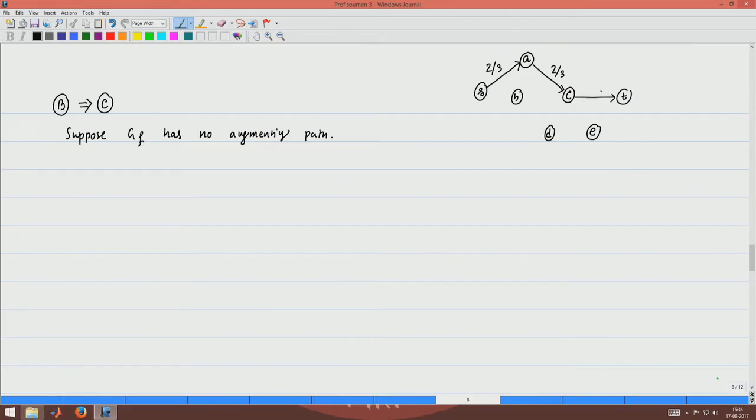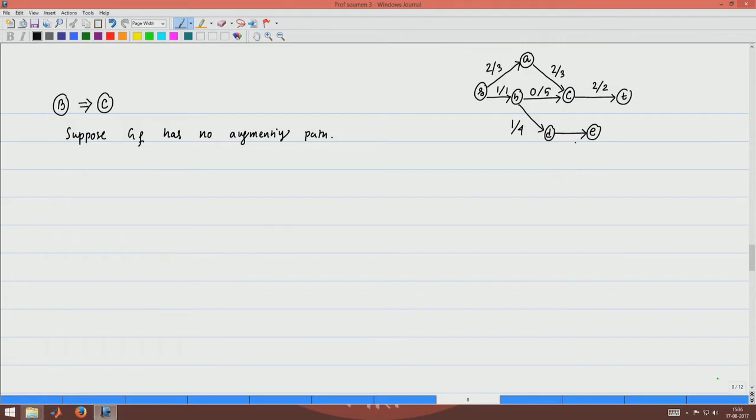Along CT, flow is 2, capacity is 2. Along SA, flow is 1, capacity is 1. From B to C, flow is 0, capacity is 5. B to D, flow is 1 and the capacity is 4.